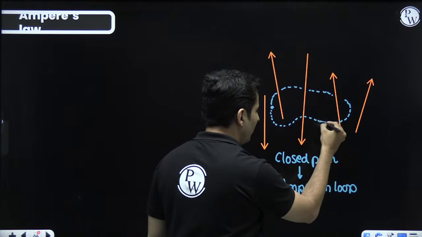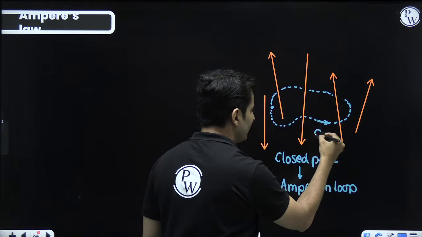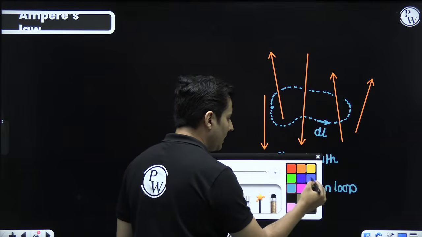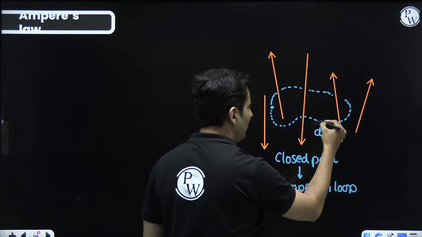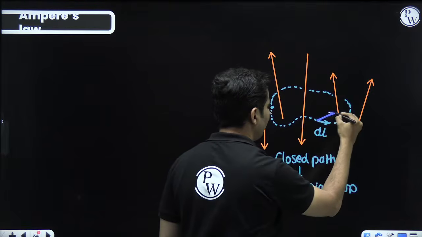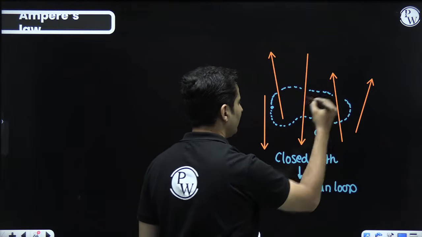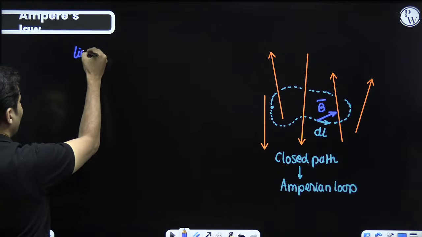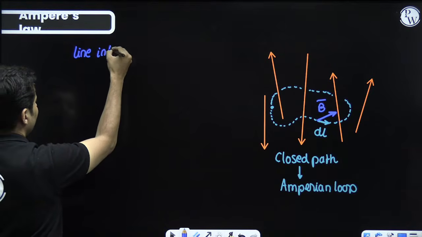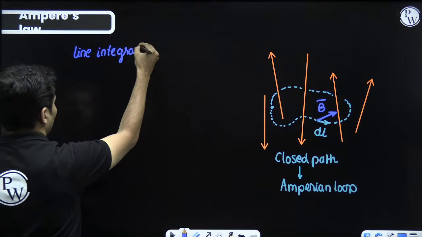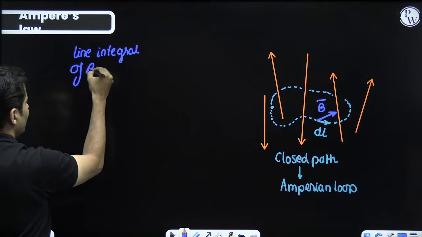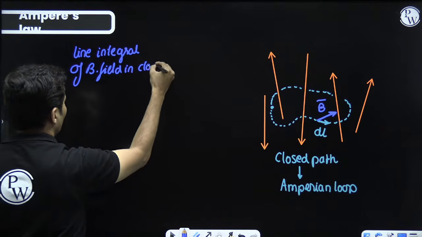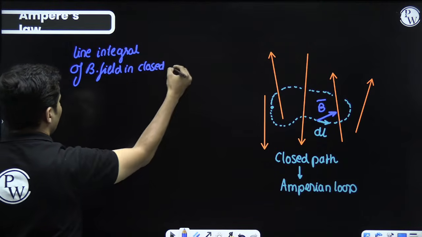At every point you are moving, let's say this is the displacement that you have, and at every point you might experience some amount of magnetic field due to all the wires. So this is the magnetic field. You take the line integral of magnetic field in a closed path.